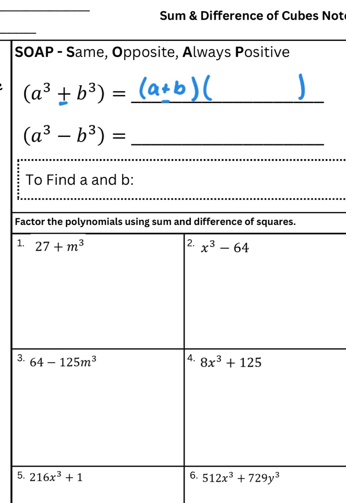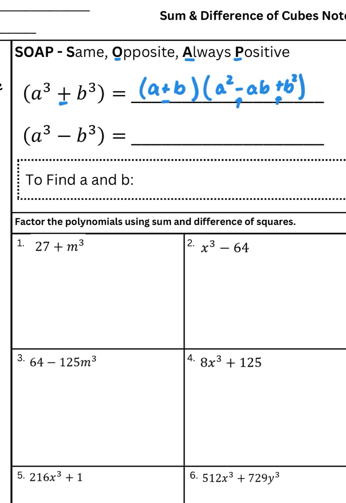And then you're going to end up with A squared minus AB plus B squared. Opposite is the opposite of plus, which is minus, so the minus sign goes there. And then always positive means that the last sign in your formula is always positive.